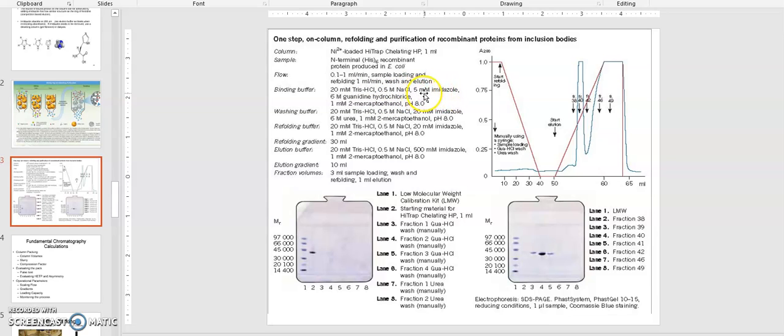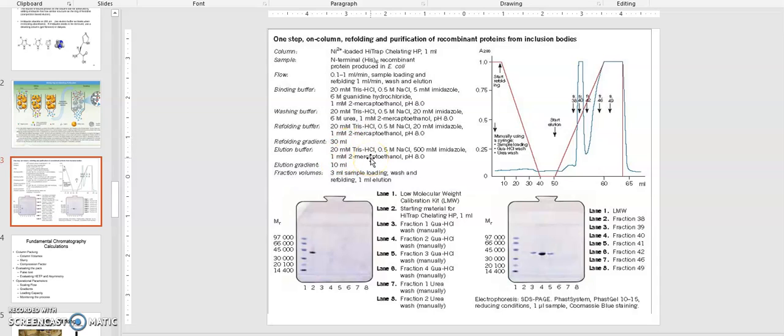Binding is done in the presence of a small amount of imidazole. Washing, same condition, but you have more imidazole there, 20 millimolar imidazole. Refolding, again, same condition, and then a refolding gradient.